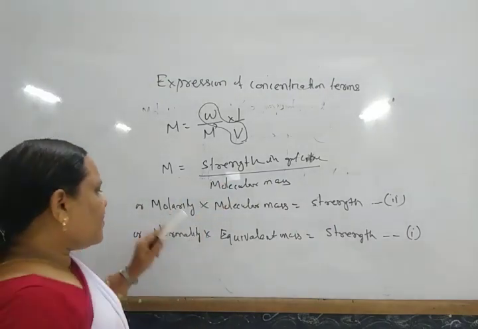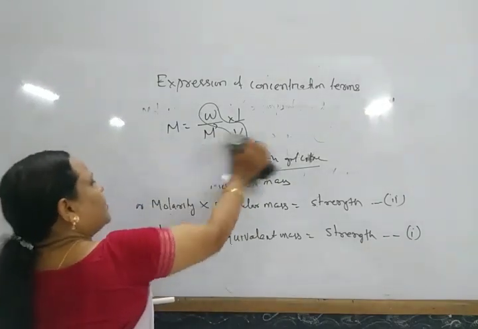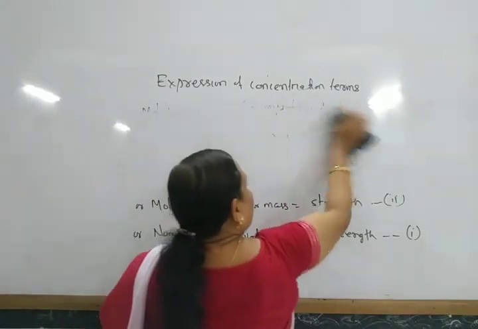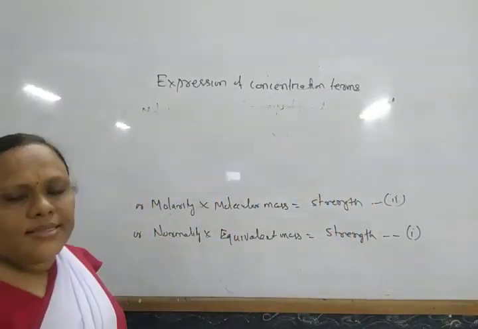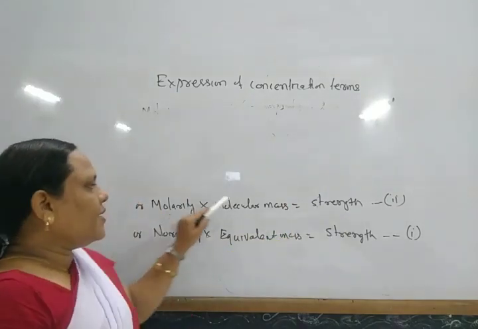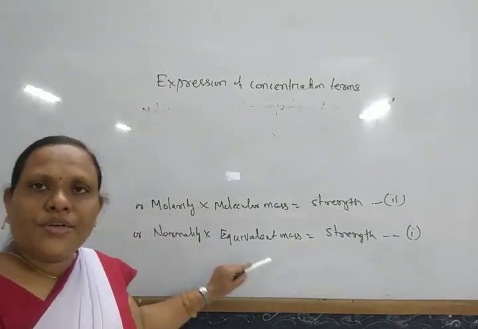So one relation we find here is normality into equivalent mass equals strength, and molarity into molecular mass equals strength. So strength in grams per liter is molarity into molecular mass, and also normality into equivalent mass.